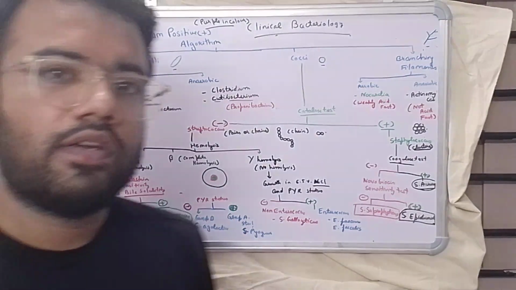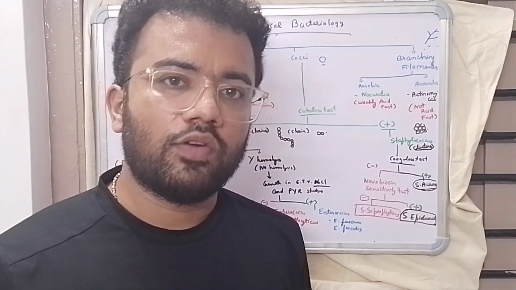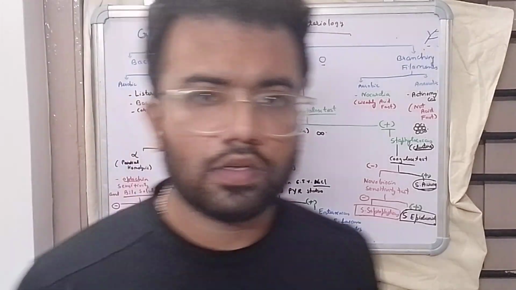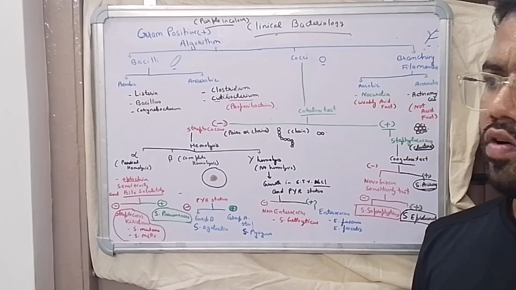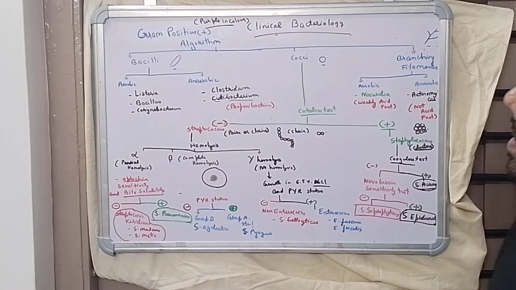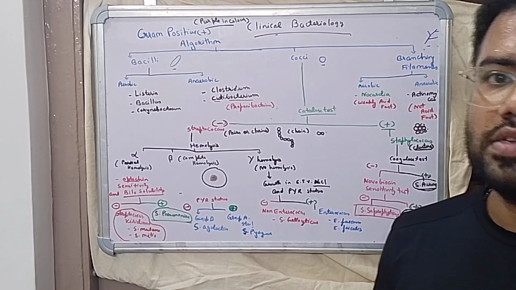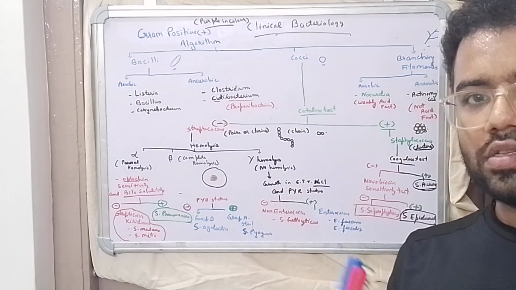These Streptococcus viridans are responsible for bacterial endocarditis by dextrans. So this is the complete simplified chart, and somewhere it is complex, so you have to mug up or understand this whole gram positive algorithm.